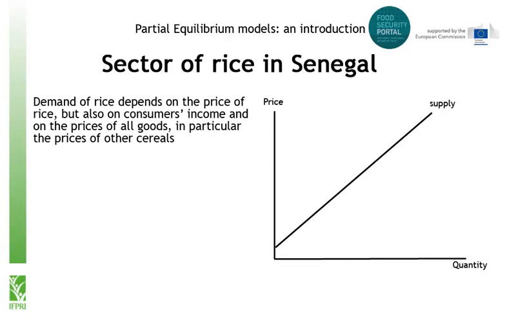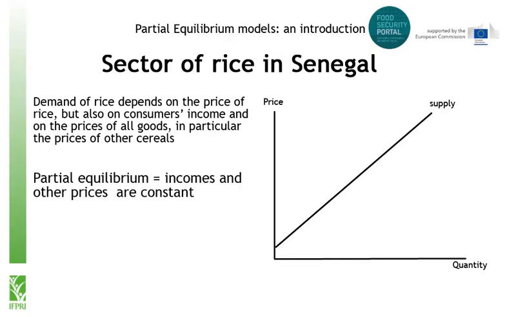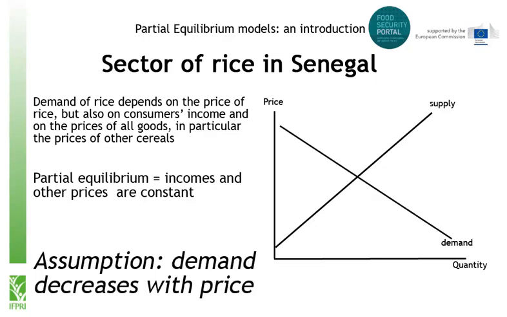What we suppose in partial equilibrium, and this is the key assumption, is that incomes and other prices are constant, and so we can focus on the relationship between the demand for rice and its price. Here I assume that demand decreases with price, which reflects decreasing marginal utility.